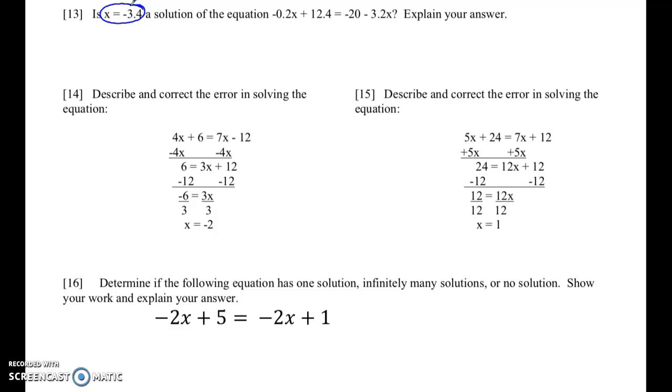So I'm going to start out, I've got to move my variables to one side. So I'm going to add 3.2x to here. I'm going to add it over here, being careful that I'm adding my x's to x's.